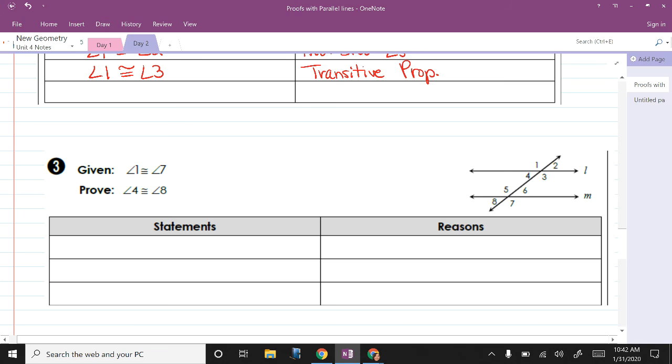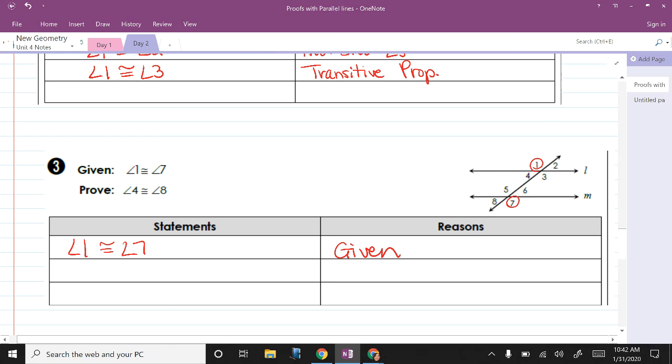Okay. Question. Yes, sir. They've given me 2 angles are congruent, right? 1 and 7. So that's what my given is. Angle 1 is congruent to angle 7. So before I can use any other relationship, I need to say that the lines are parallel.